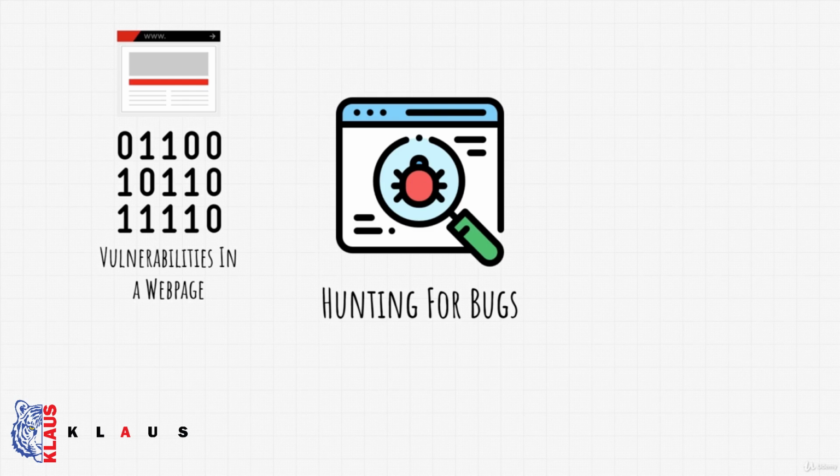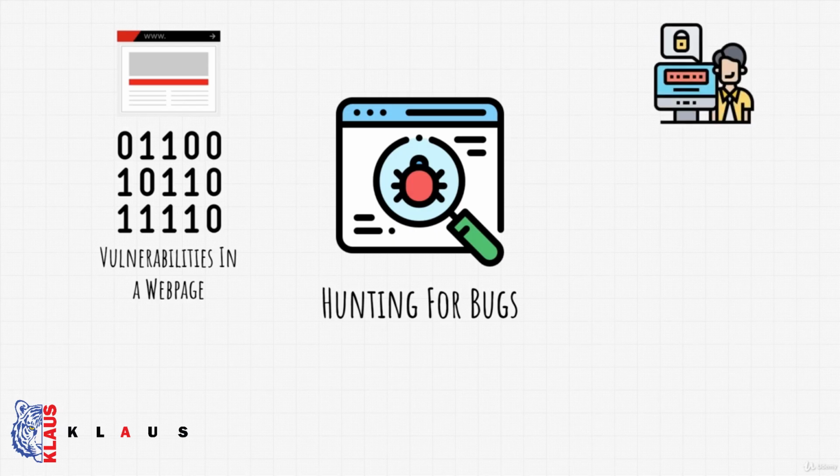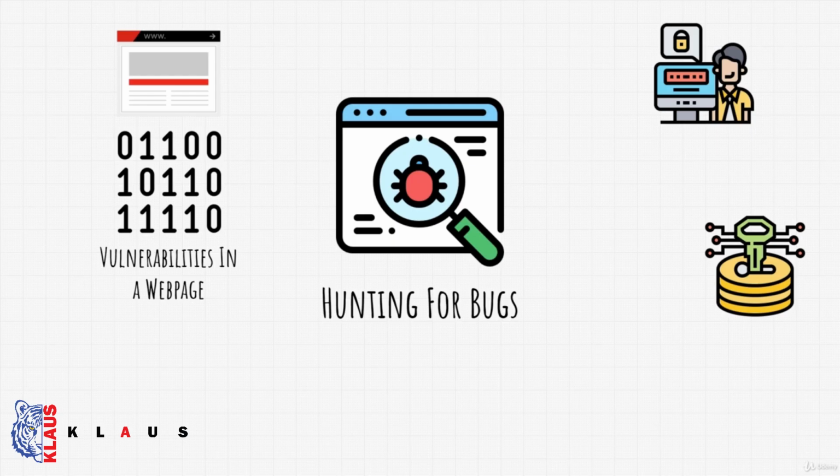Now, these vulnerabilities can be anything from password vulnerabilities. Maybe they are not encrypted well and the attacker can easily break them. Or perhaps there is a database vulnerability and the attacker can extract all of the information from the database, including usernames, passwords, emails, and other personal information that shouldn't be public.